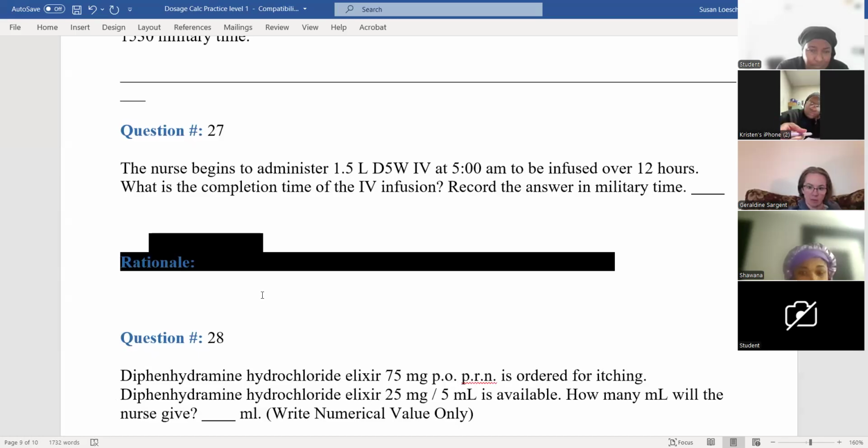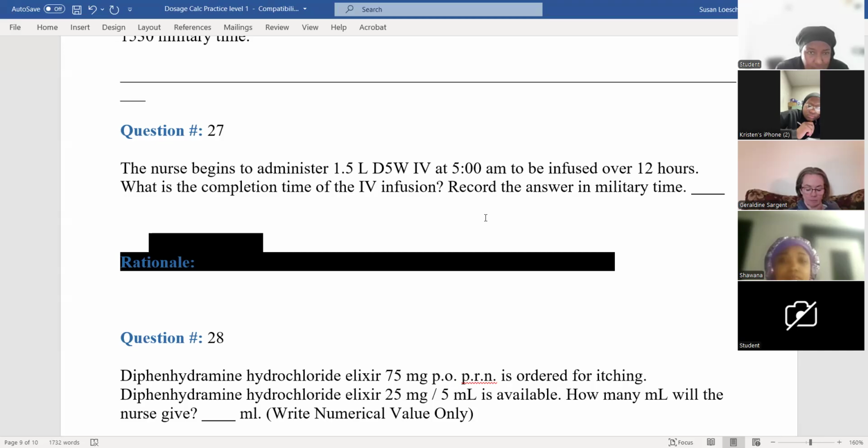And all this is doing is asking you what time the IV completed and write it in military time. So there's no calculation required here. It started at 5 a.m. It's going for 12 hours. When is it going to end? 5 p.m. Now it's 5 p.m. and it's after 1 p.m. So what do you have to add to that 5 to get military time? 12.